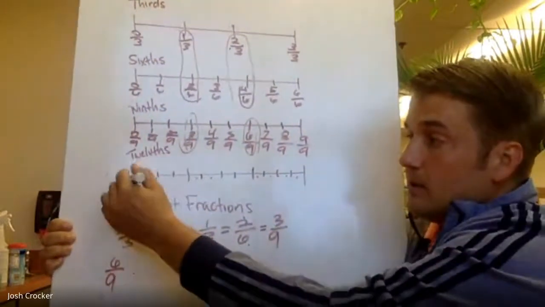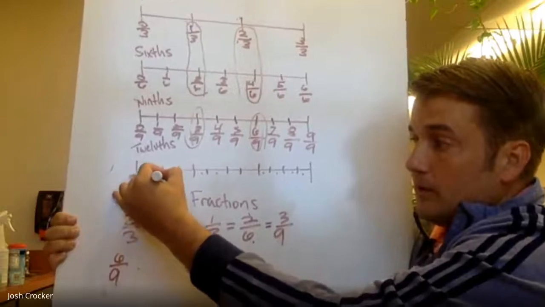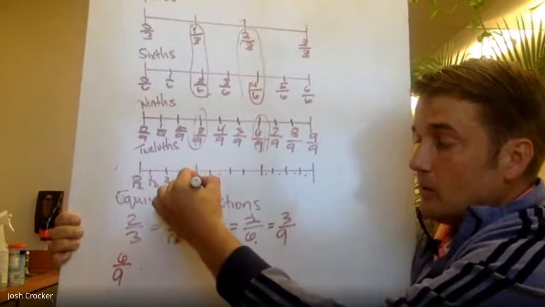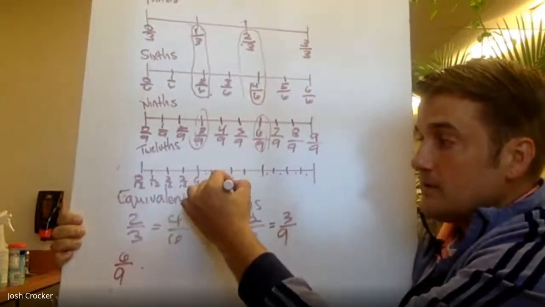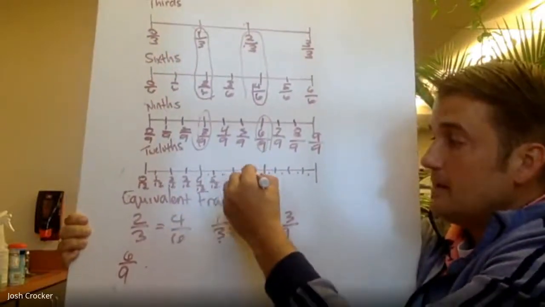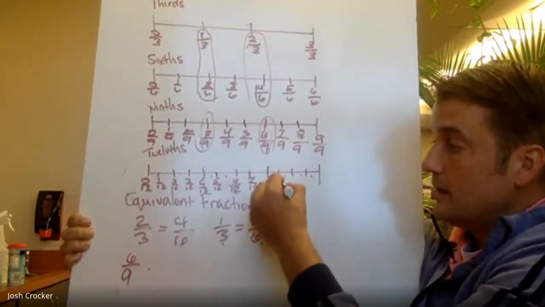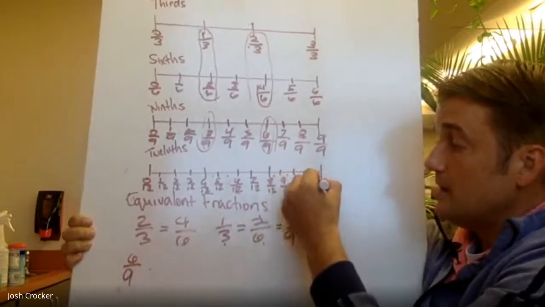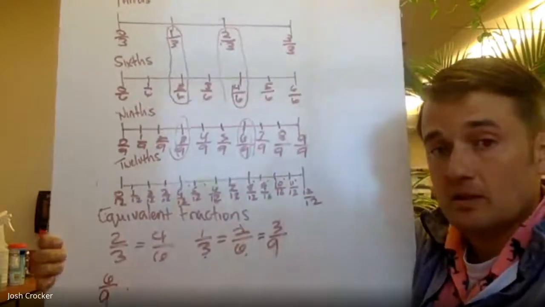Okay, so 0 twelfths, 1 twelfth, 2 twelfths, 3 twelfths, 4 twelfths, 5 twelfths, 6 twelfths, that's exactly the middle. 7 twelfths, 8 twelfths, 9 twelfths, 10 twelfths, 11 twelfths, and finally 12 twelfths is a whole.